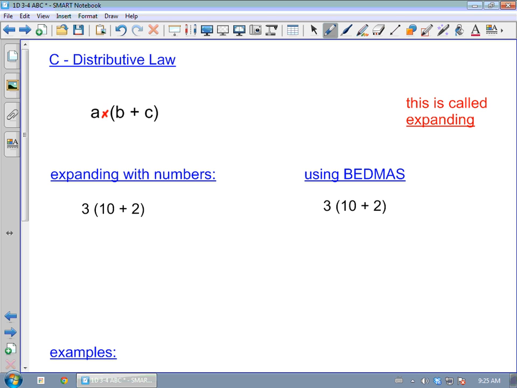And the way that we can do this multiplication is we take this thing that is out in front of the brackets, the A, and we multiply it by each of these things that is inside the brackets.